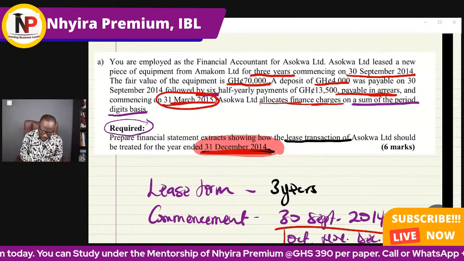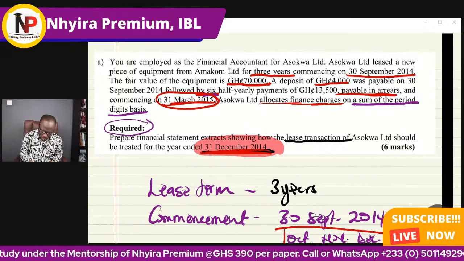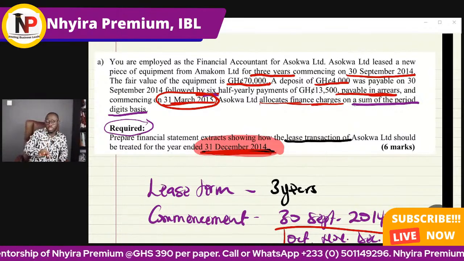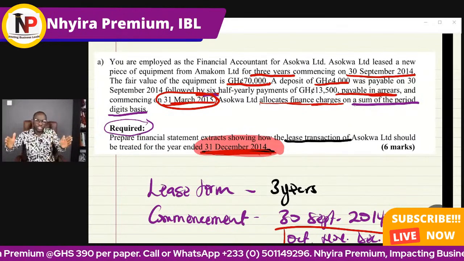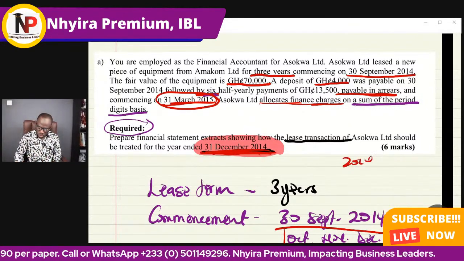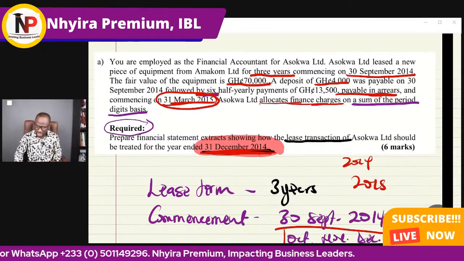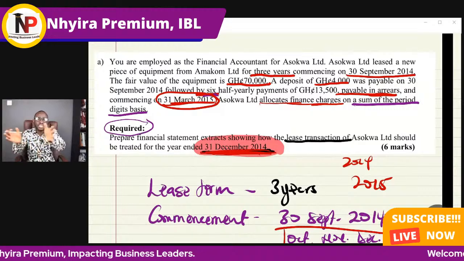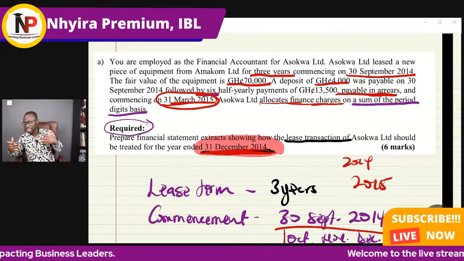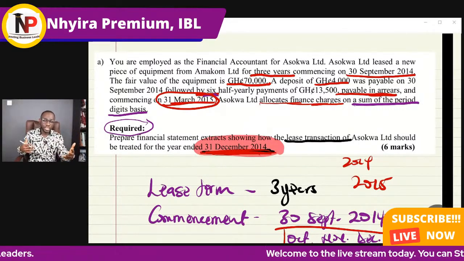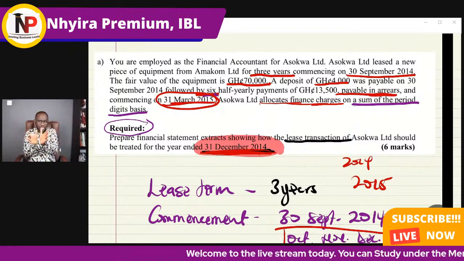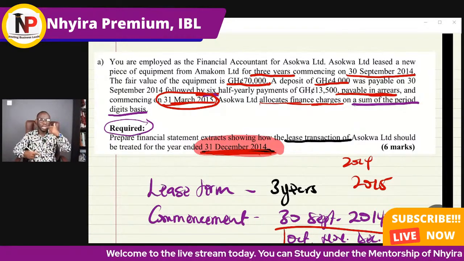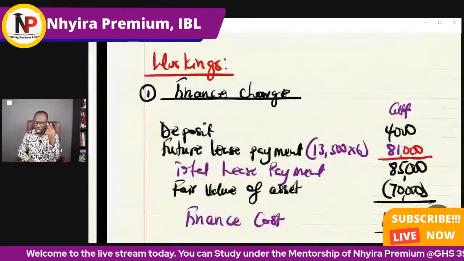So even though we are preparing the financial statement for the year ended 31st December 2014, we have to do the amortization schedule for the year ended 2014 and the year ended 2015, 2 years, so that we are able to split the lease liability into current and what? Non-current liability. That is the idea. So because payments are made in arrears, that's why we have to do for 2 periods.